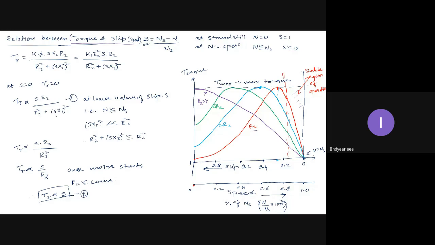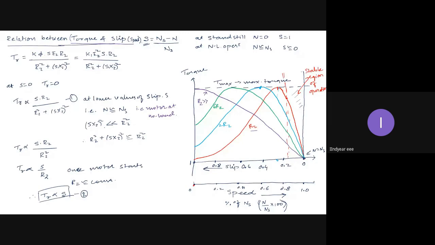Now when the slip is at a lower value, in the sense when the motor is at no load, so at lower values of slip, my S X2 square will be much lesser than R2 square.